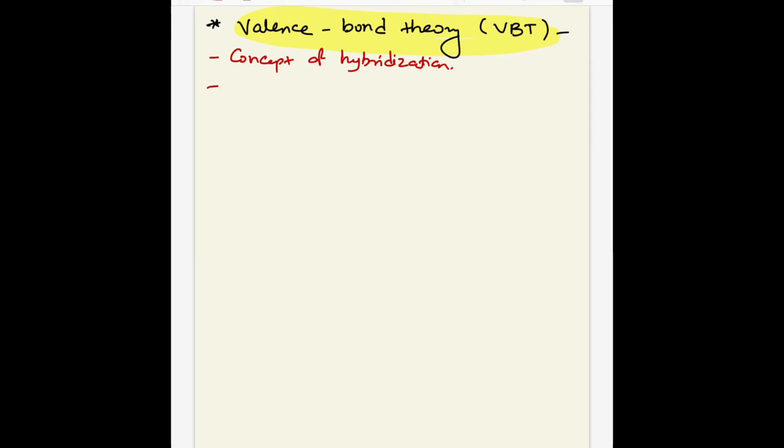There are some postulates given by the VBT. The first postulate is that the metal ion provides vacant d orbitals for the formation of coordinate bonds with the ligands.